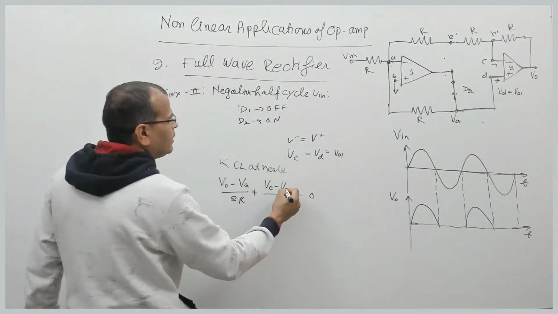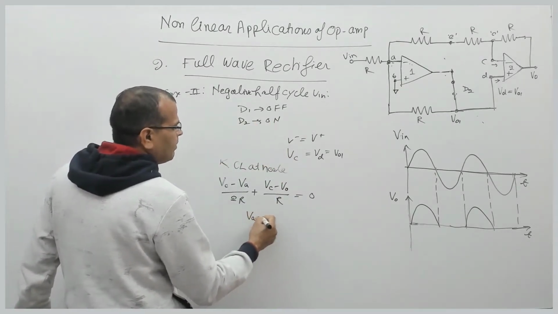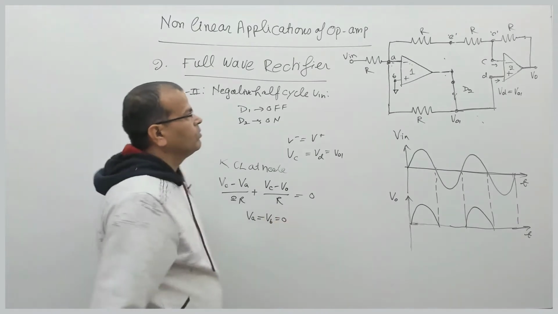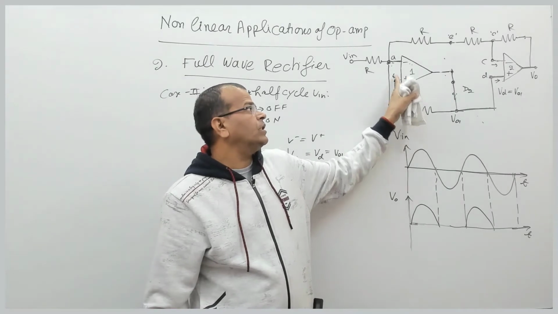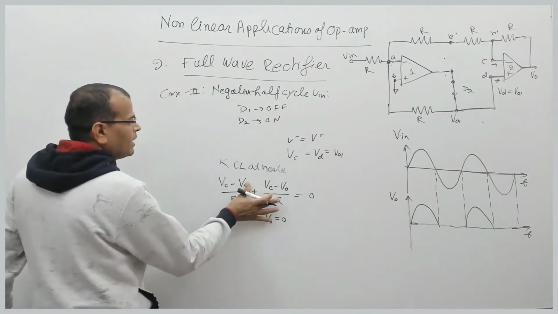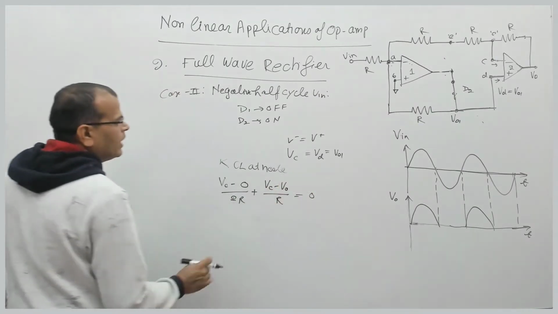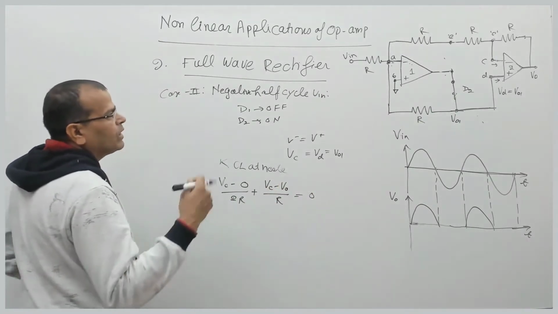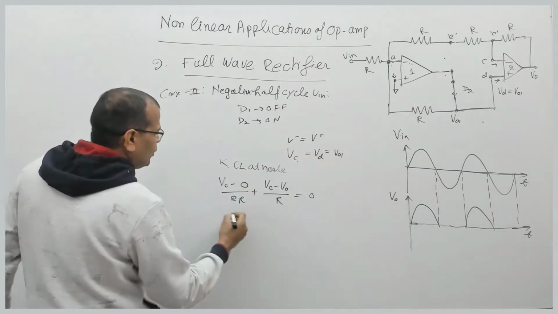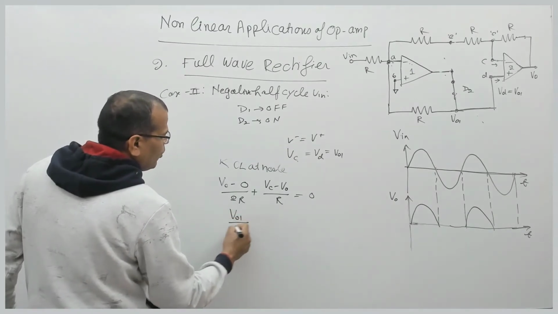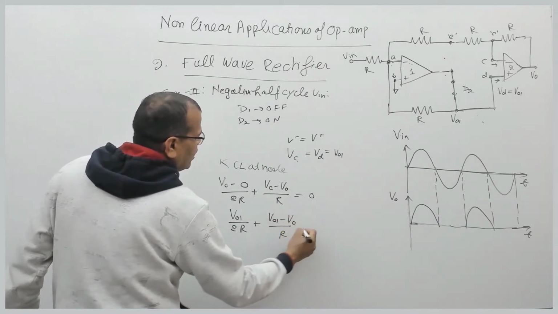What is voltage VA? Voltage VA is the same as the voltage at node B, and that is 0. The voltage at this node is the same as this voltage for an ideal op-amp, so VA is 0. So I can simply write 0 here. And we know VC is V01, so this is V01 upon 2R plus V01 minus V0 by R is equal to 0.